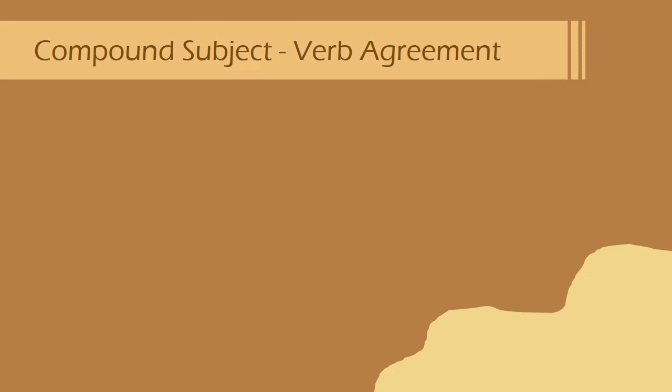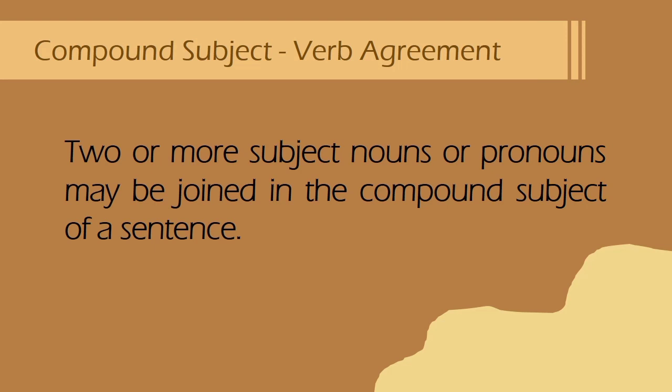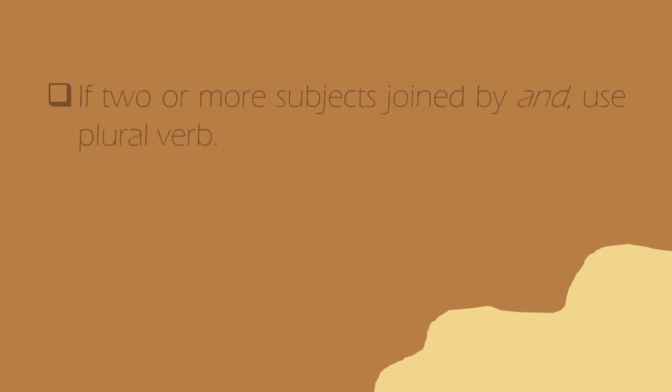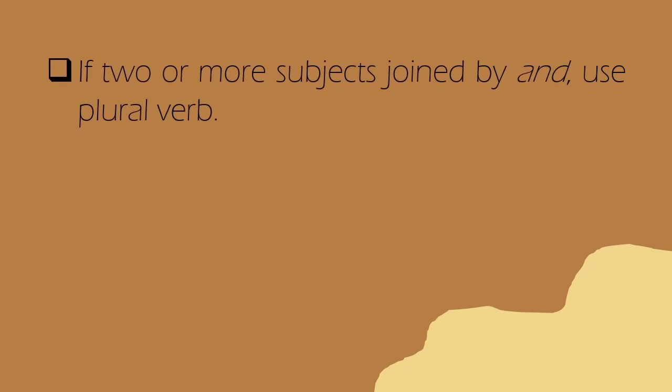Our first topic is compound subject-verb agreement. Two or more subjects, nouns, or pronouns may be joined in the compound subject of a sentence. If two or more subjects are joined by and, use a plural verb.